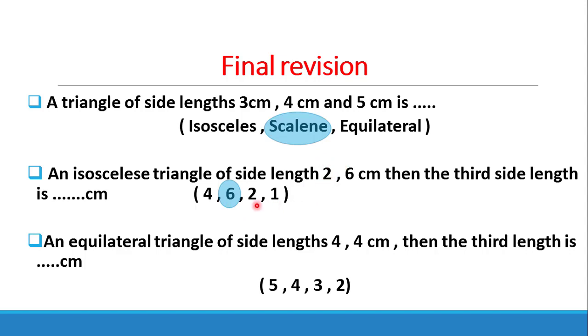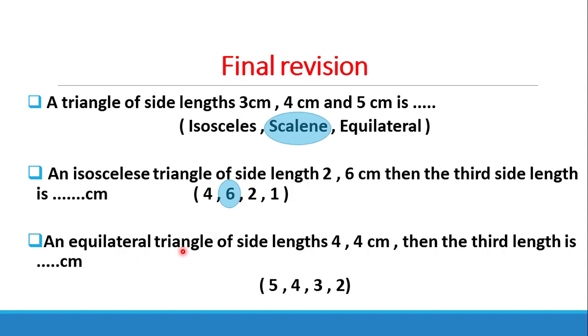So I'll choose 6. So in any triangle, the summation of any two side lengths should be greater than the third side length. Isosceles triangle, so two side lengths are equal and the third length will be 2. So we have 2, 6 and 6.